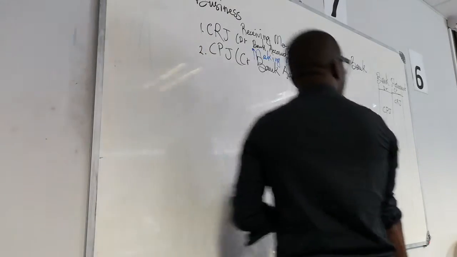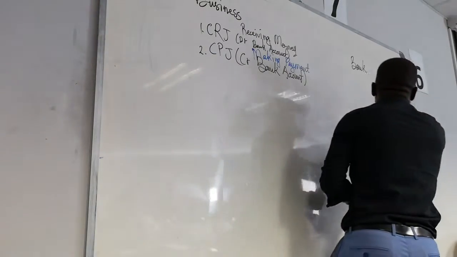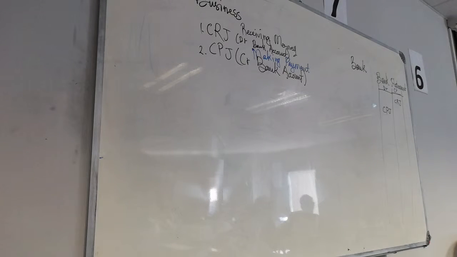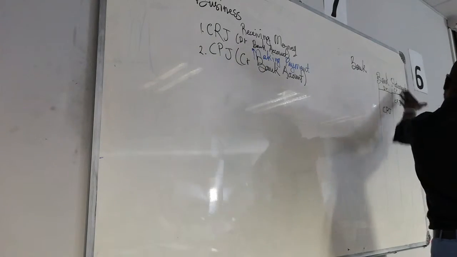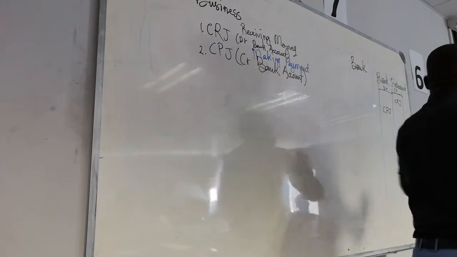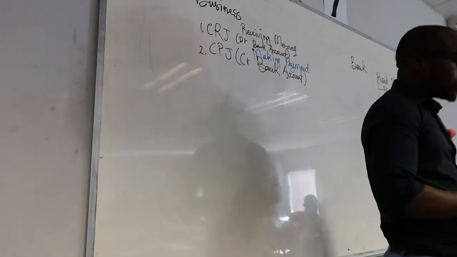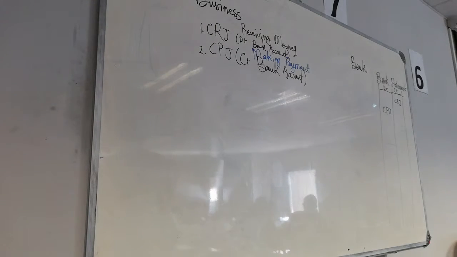So we've got the CRJ, which must be on the credit side, and the CPJ, which must be on the debit side. That is where our comparison starts. The first thing we do is to look at the CRJ and compare it to the credit side of our bank statement. Now, everything is going to be similar until it is not.